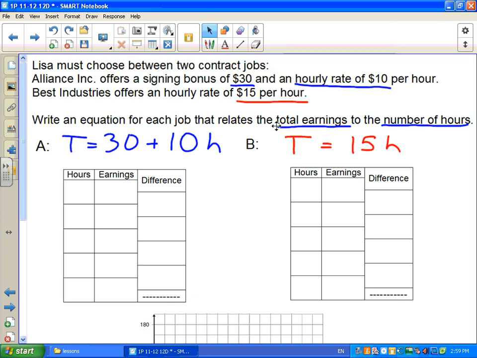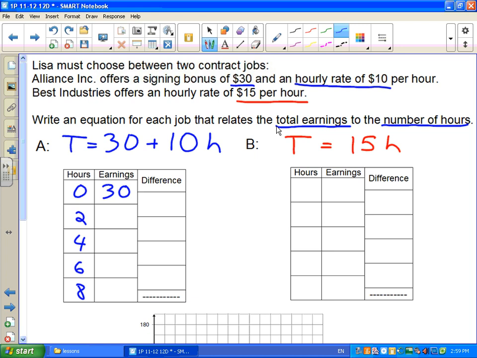Now we can use these equations to fill in our tables. We've got to pick some values for hours, so let's say 0, 2, 4, 6, 8 hours. If she works for Alliance and she works 0 hours, how much does she make? It's that $30.